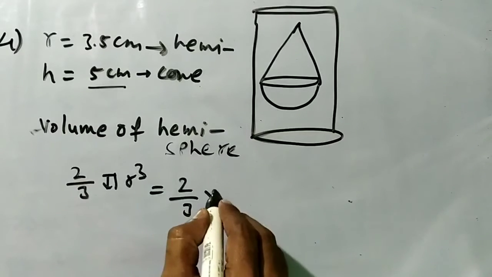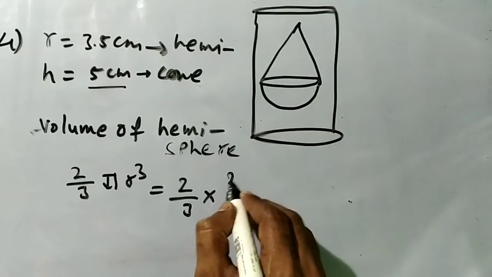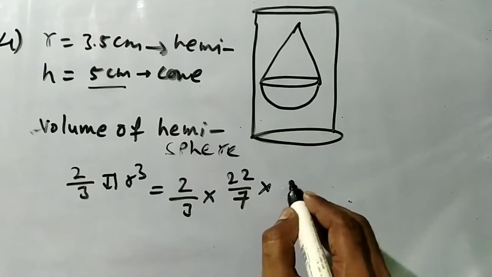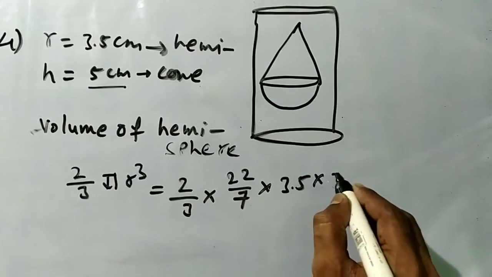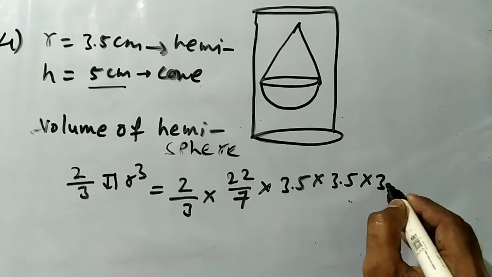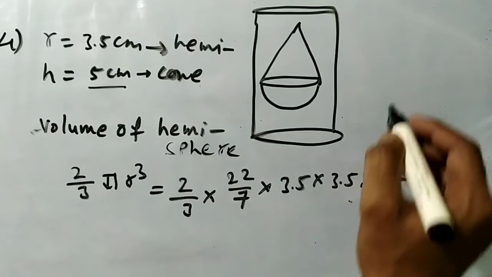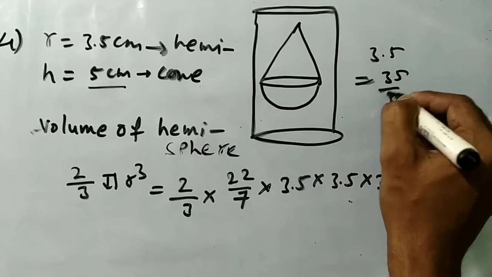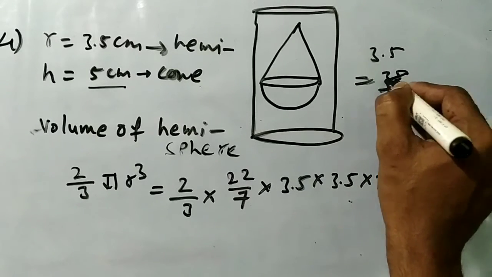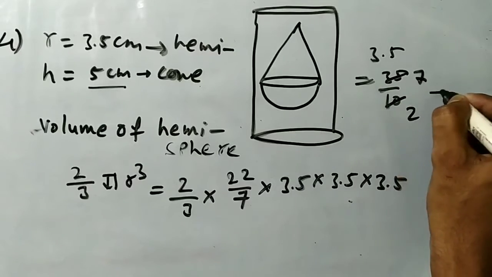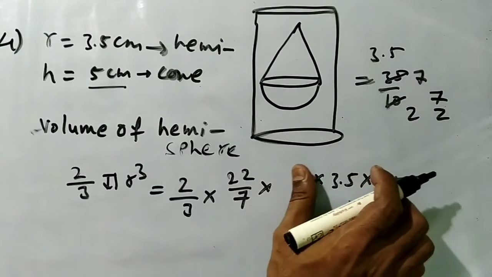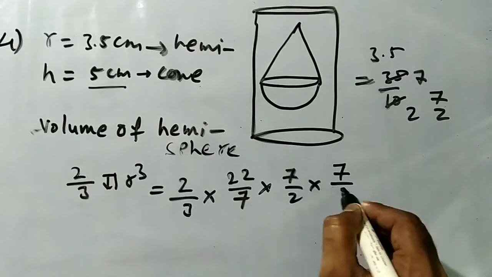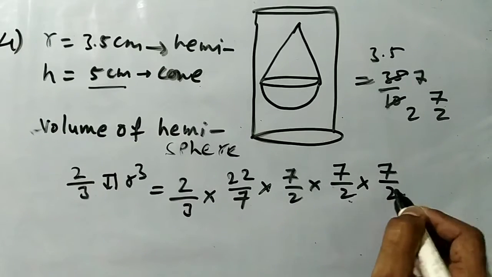That is 2 by 3 into 22 by 7 into 3.5 into 3.5 into 3.5. Here 3.5 can be written as 7 by 2, so we write it as 7 by 2 into 7 by 2 into 7 by 2.